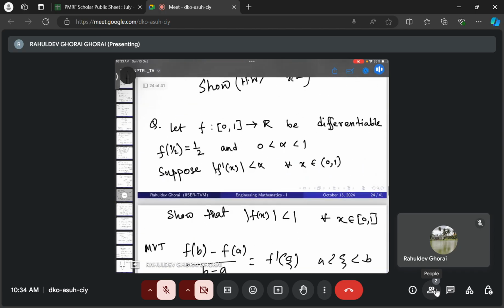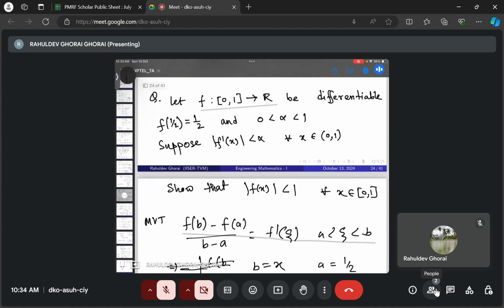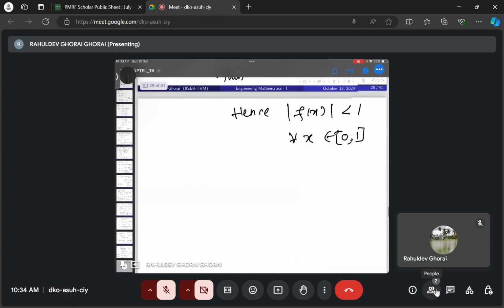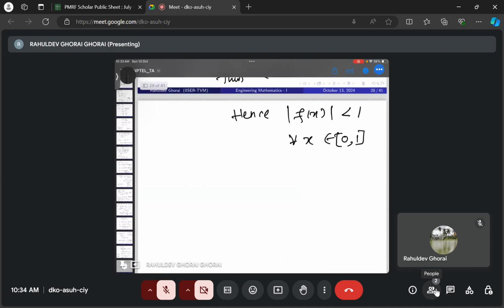It was asking to prove that the modulus of the function is strictly less than 1 if you know f of half is half, and f prime of x, the first derivative of f, is strictly less than alpha. Okay, so that's all for this question.